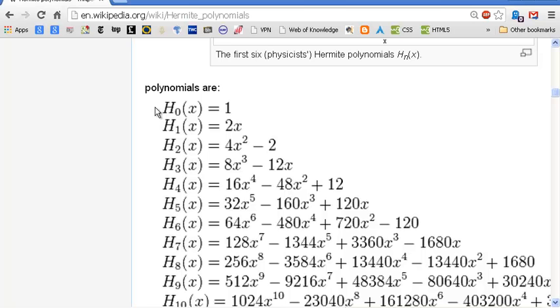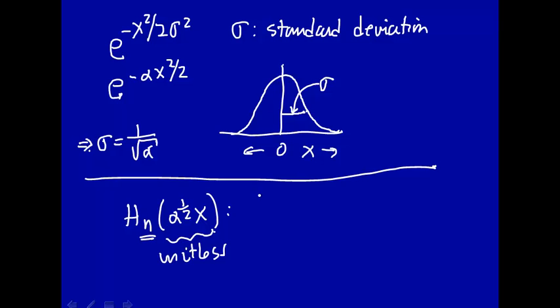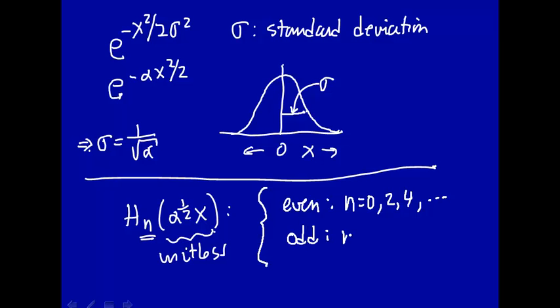So this introduces the concept of even functions and odd functions. There are two different kinds of Hermite polynomials, and if you look at the details of the solution, you'll see where these come from. We have the even, that corresponds to n equals 0, 2, 4, and so on. And then you have the odd polynomials, where n is equal to 1, 3, 5, and so on.